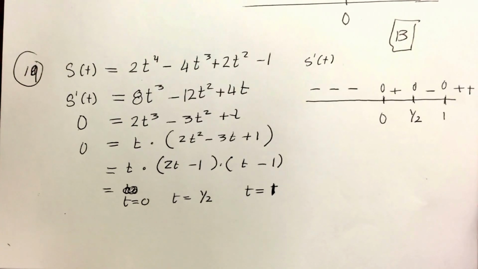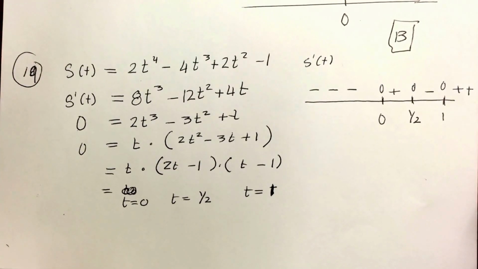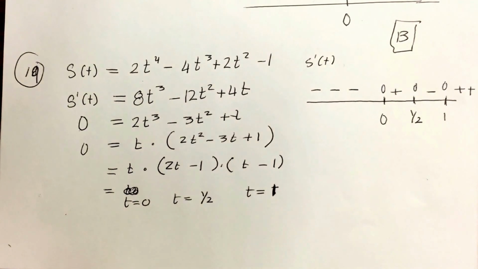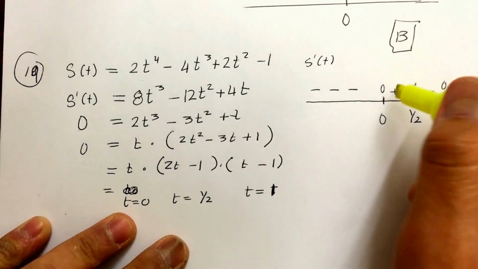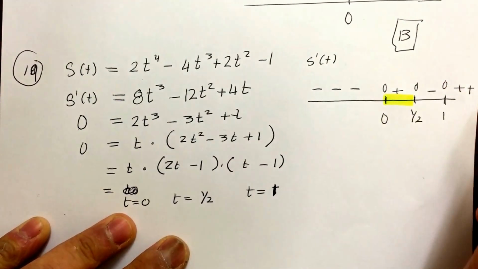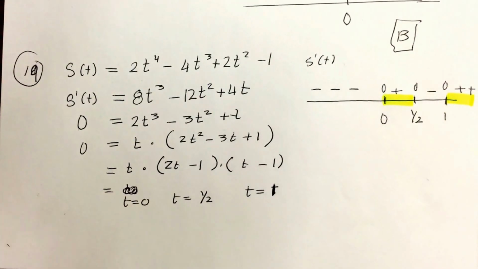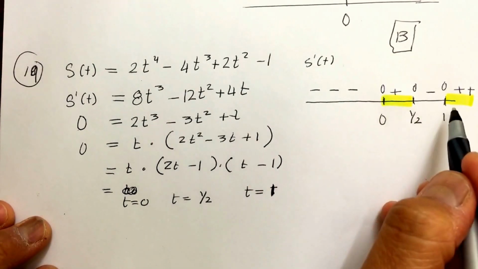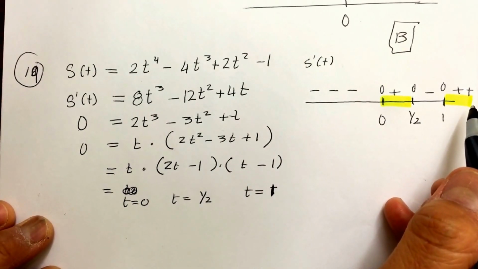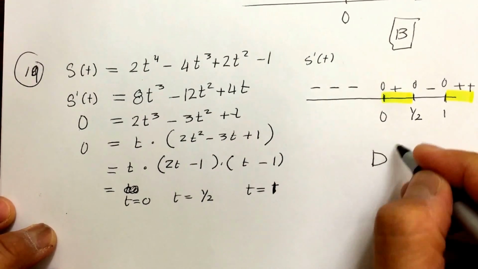So now we can answer the question, when is the particle moving to the right? The particle is moving to the right when the velocity is positive, and that would be from 0 to 1/2 and 1 to infinity, and that would be option D.